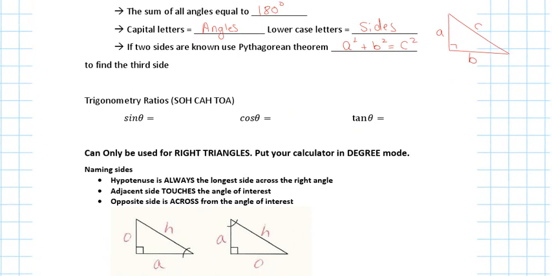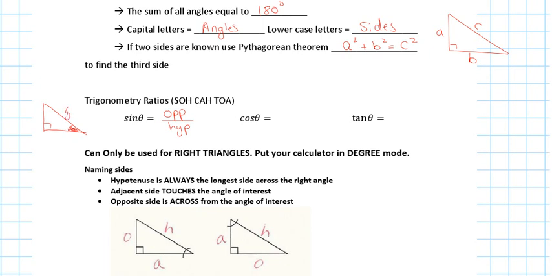And remember that in a right angle triangle, you always have the angle of interest, or the angle that you're looking for, and you name the triangle according to this angle. The hypotenuse does not change.